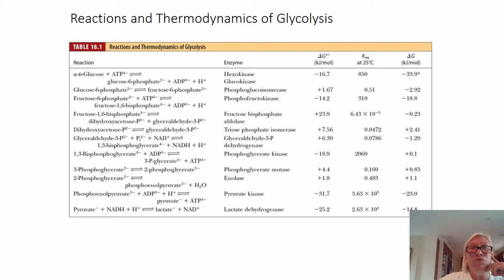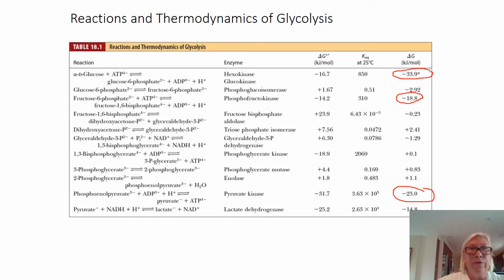The delta G in this column is the change in free energy under cellular conditions. So this is what we're really interested in. I want you to focus on the relatively large negative delta G's in this column.